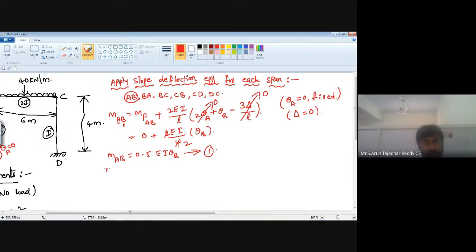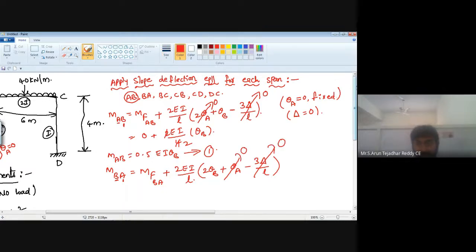Okay. Now MBA, that is fixed end moment span BA plus 2EI by L into first term is B, so twice theta B, plus second term is A, so theta A minus 3 delta by L. Here delta is 0 and theta A is 0.